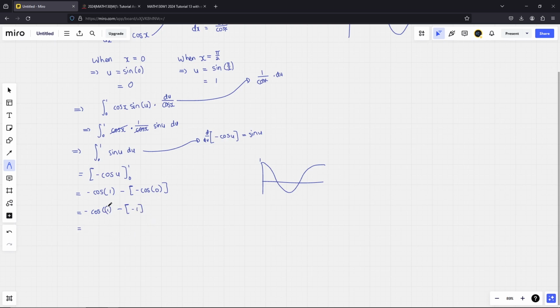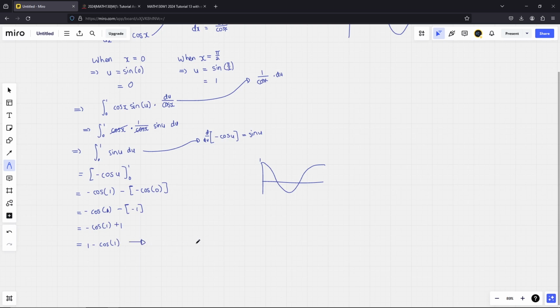And notice how we can't really evaluate this without a calculator, because cos of 1 degree is, well, somewhere there, and it's probably like 0.999 or something of that sort. So this is going to be minus cos 1 degree plus 1, and then we can rewrite this. If this looks weird, we can say this is just 1 minus cos of 1.